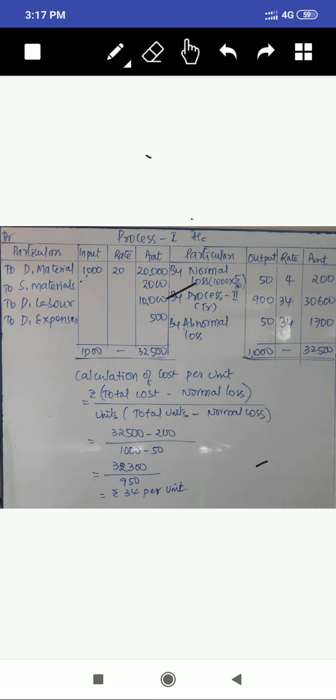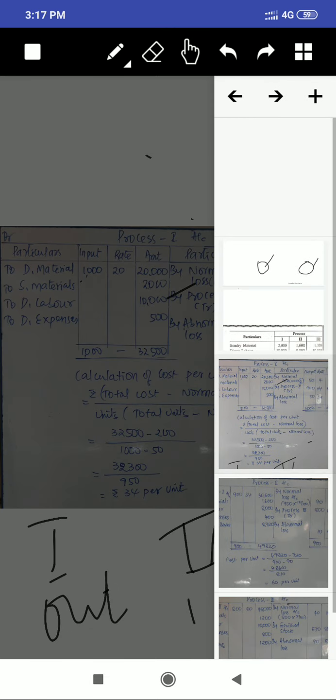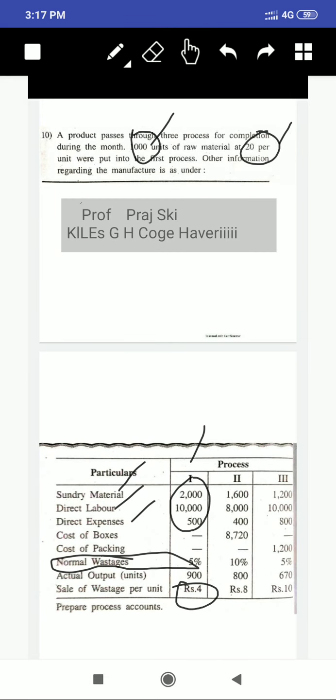Then after that, the information is, see this one, by process 2. What is this by process 2? By process 2 means from the first process to process 2 it was transferred. Remember, the first process information is transferred to the second process. It means the first process output is transferred to the second process as input. See, the first process input how much, output how much is given?